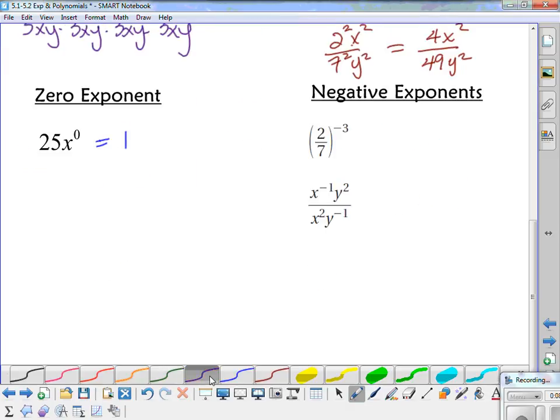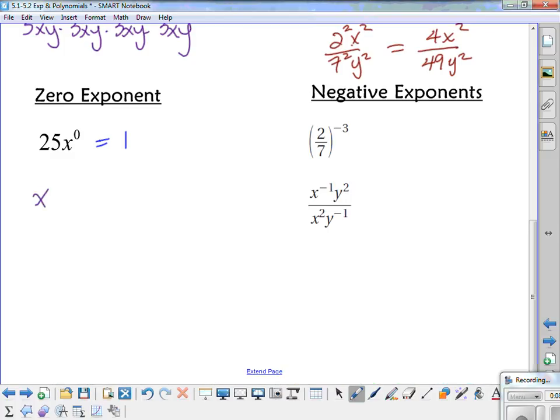If I had, say, x to the 4th times x to the negative 4, I would have x to the 0, wouldn't I? And if I write it out moving the negative, I would have x to the 4th on top and x to the 4th on the bottom, and anything divided by itself is equal to 1. So do you see how x to the 0 equals 1?